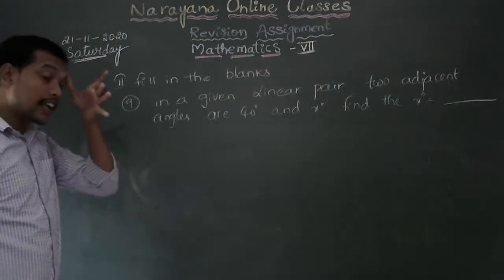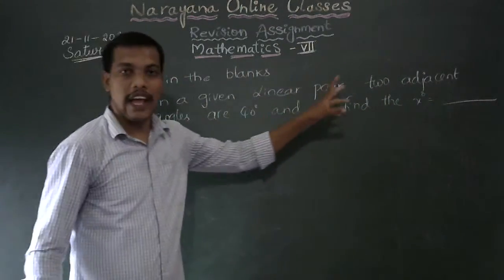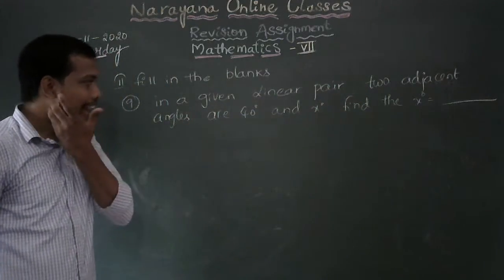So in a given linear pair, two adjacent angles are 40 and x. Find the value of x.